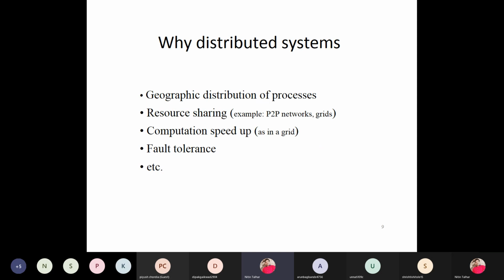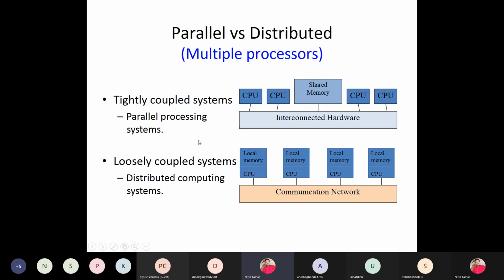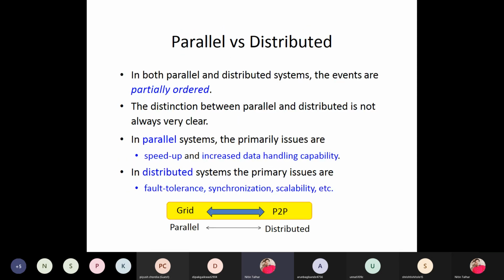So then why the distributed system? Are all of these possible in the case of parallel computing? The issues that we have seen in the previous slide: parallel computing may have a speed up problem because of the tightly coupled architecture. In the case of the loosely coupled architecture, they may have their local memory also, and they may have some shared resources also.